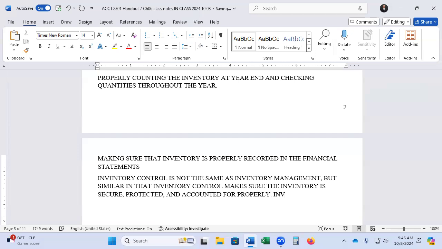Inventory management is about quantities that are appropriate for the business.